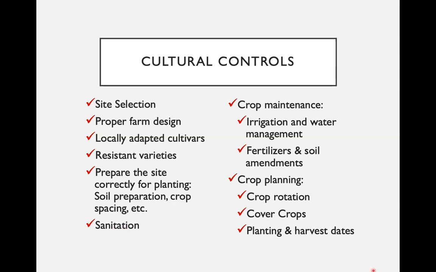this shows up in that triangle, that figure that we just saw. Sanitation is a very important practice on the farm that prevents pest introductions and can also prevent you from spreading pests and diseases around.